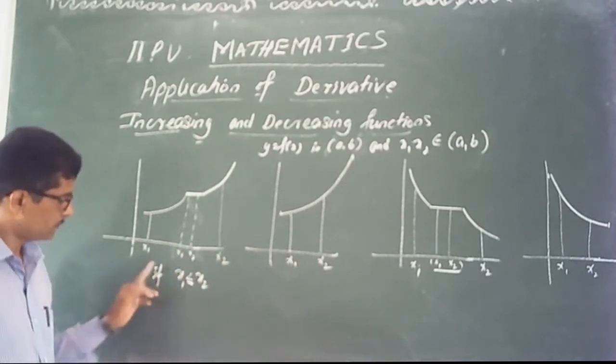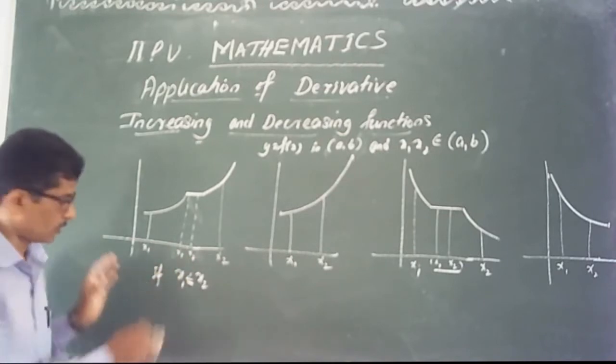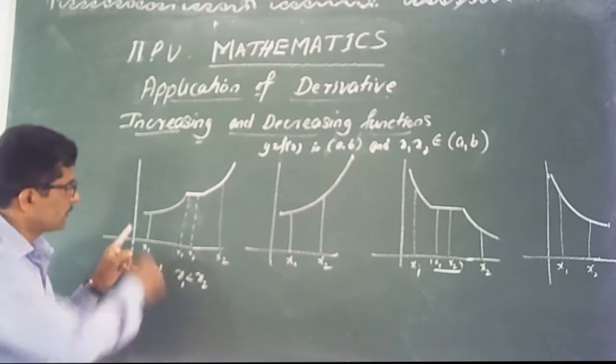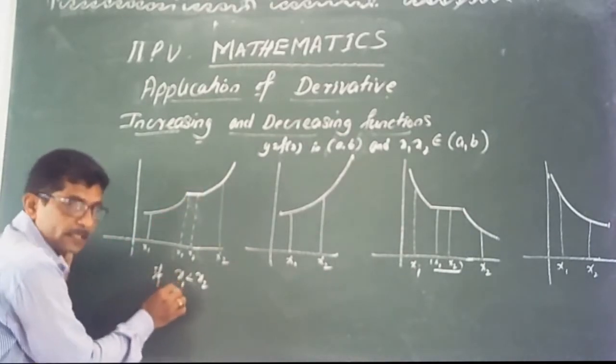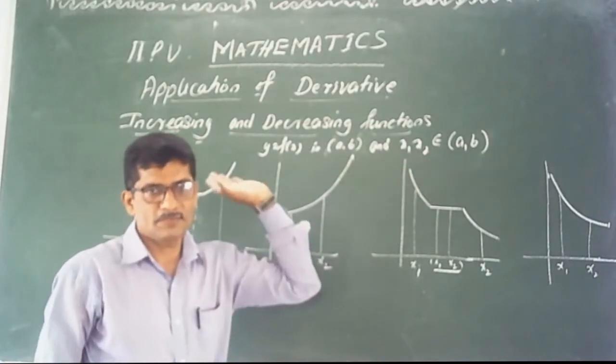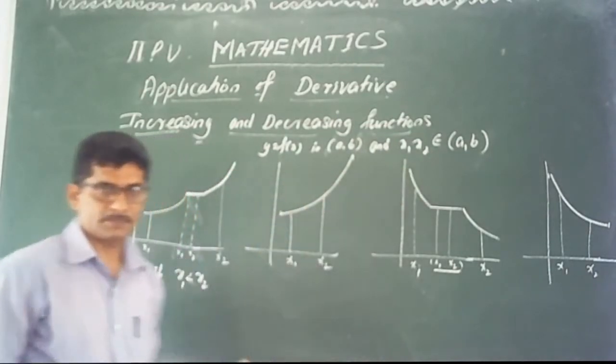It is clear. In this case, strictly x1 is less than x2, and f of x1 and x2 are for any two points in the given interval a to b.